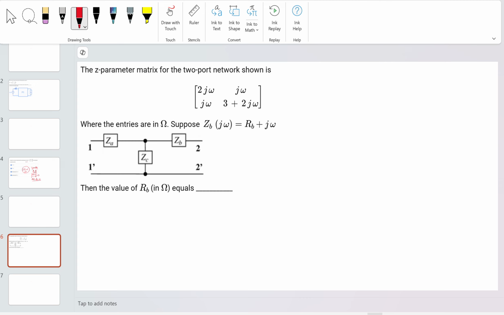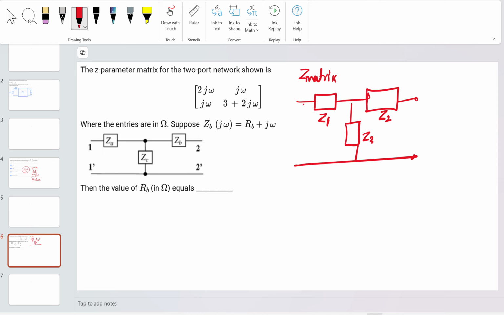One hint for this also: if you are asked for the Z matrix, and it is in the T-shaped format, suppose this is Z1, this is Z2 and this is Z3. What is the Z matrix of this?